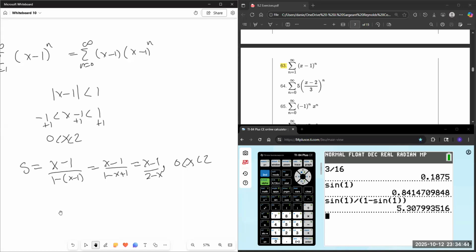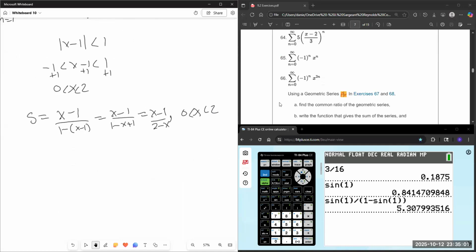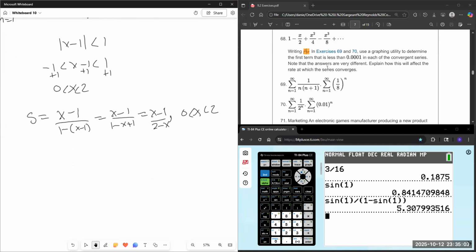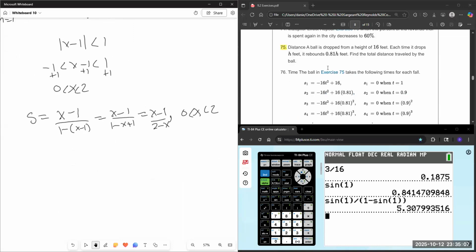And I can tell you that it's not going to be good for either 0 or 2. We'll learn how to test the endpoints later, but we know that it's good between 0 and 2 for our x values.